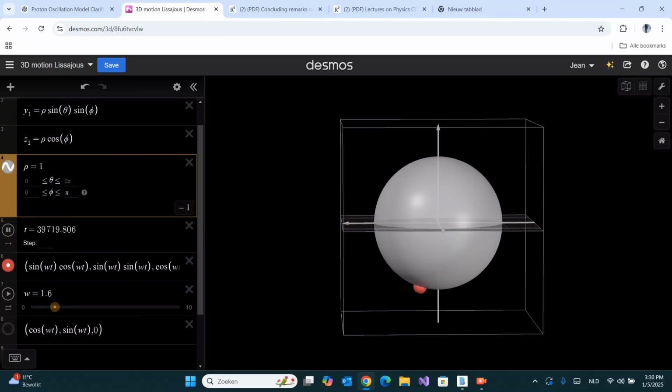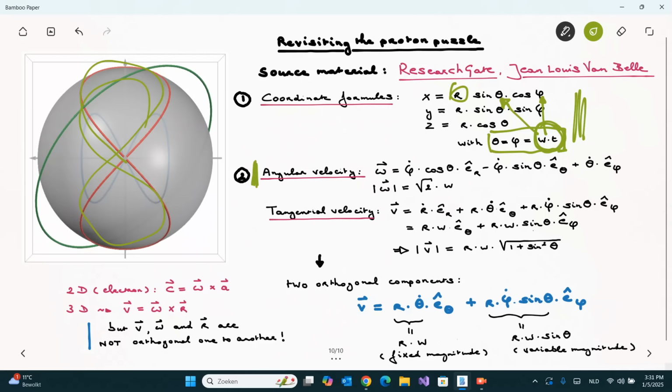Let's start with the angular velocity. So I have this omega, all right? I won't go too much into the detail. You can look up 3D motion engineering, but you arrive at a formula where you can write this omega, the angular velocity, in terms of your spherical base vectors, one related to your radius vector, one related to your polar angle, and one related to your azimuthal angle.